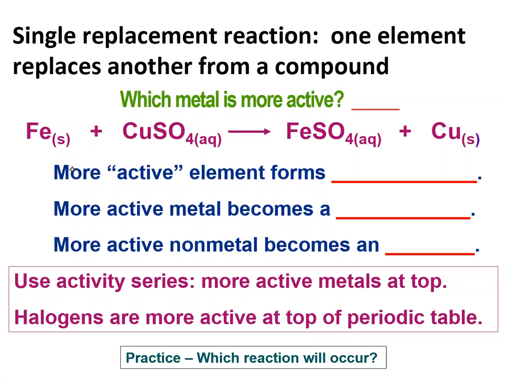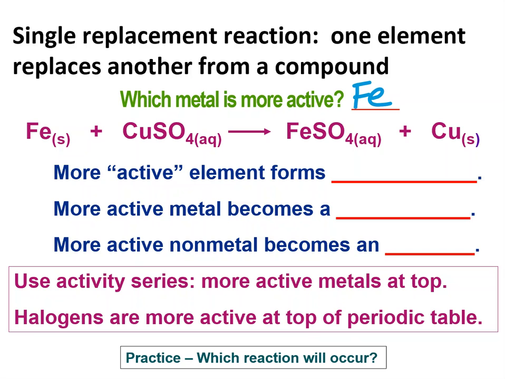In this case, the iron is taking the place of the copper to be with the sulfate, and then the copper is displaced. So the thing to know is that only a more active element can replace a less active element. And so the more active element is iron, since it is doing the replacing.